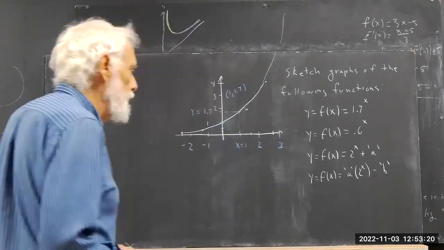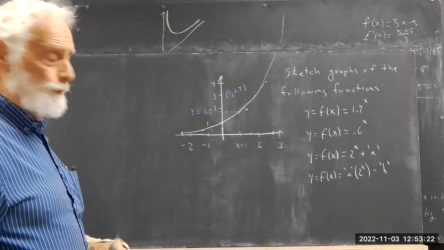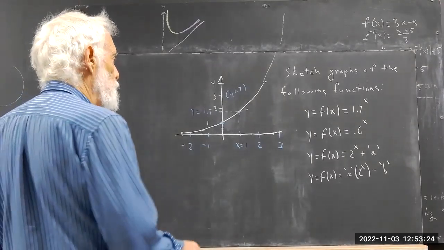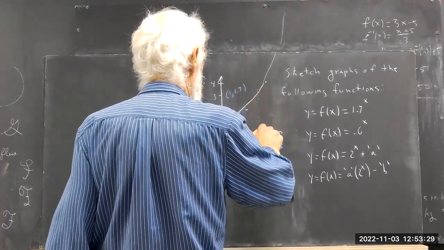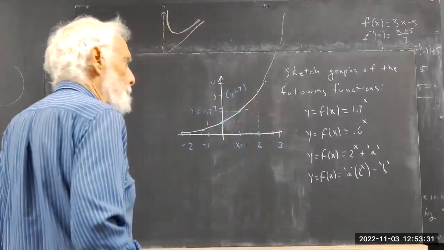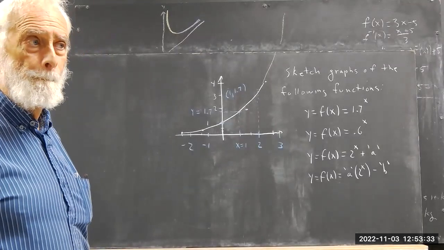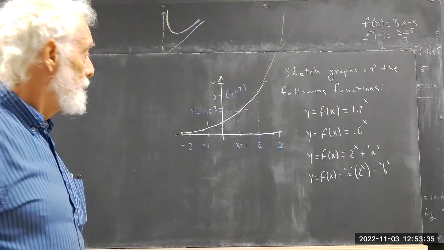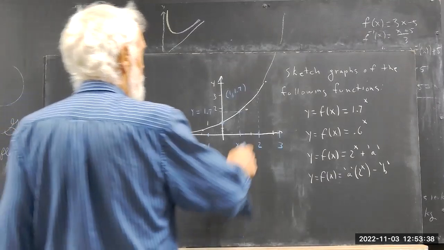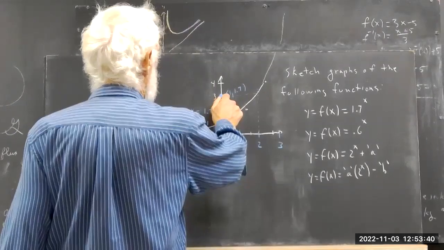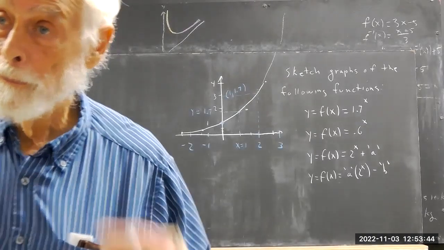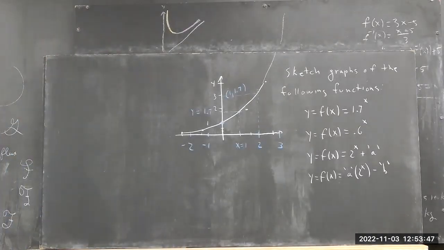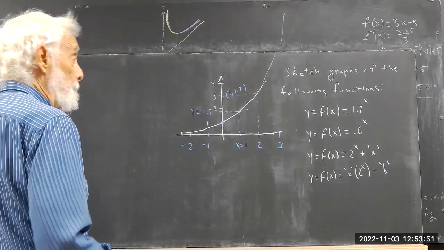So let's just estimate. Okay, for my graph, if x equals 2, well, we can come over here and it looks like it's pretty close to 3. Which would mean that 1.7 squared is going to be pretty close to 3.